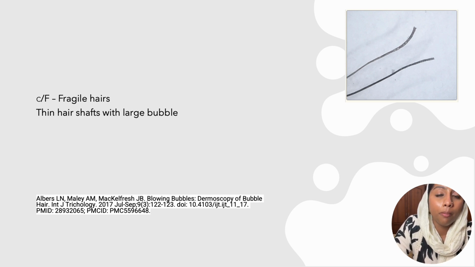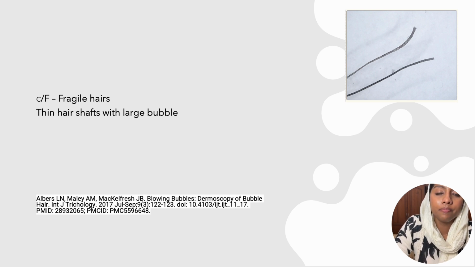Coming to the next case, again the patient presents with fragile hairs and alopecia, and when you look at the trichoscopy, as you can see, there's a hair shaft, and inside you can see certain encircled things. These are nothing but air bubbles. So this is bubble hair, and this is because of application of heat on wet hair.